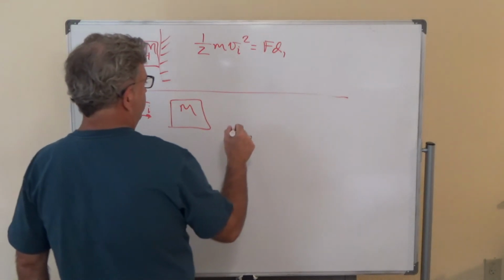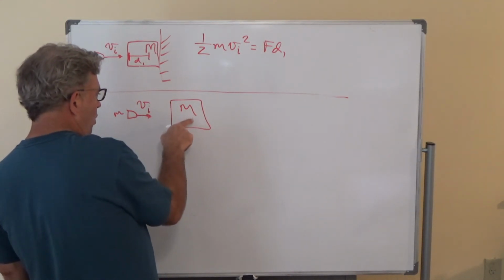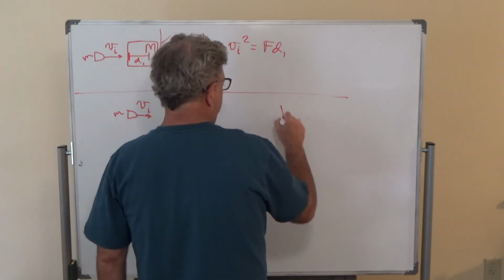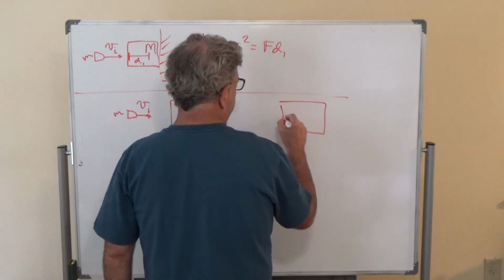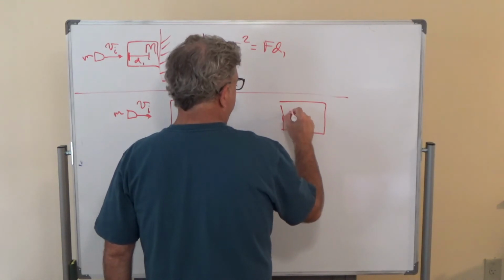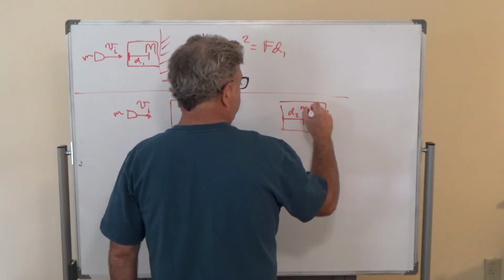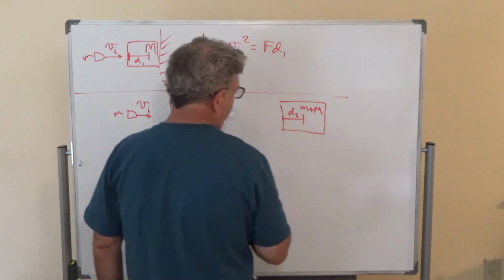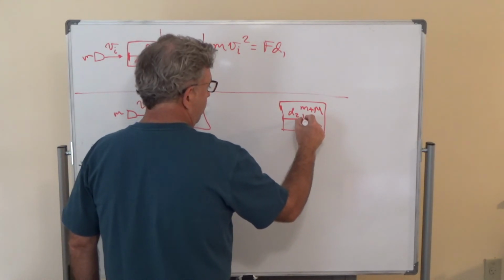Now, sometime later, it impacts the wood, penetrates the wood, and here it goes to some depth, D2, and now this object weighs little m plus big M. Okay, and this thing's inside there.